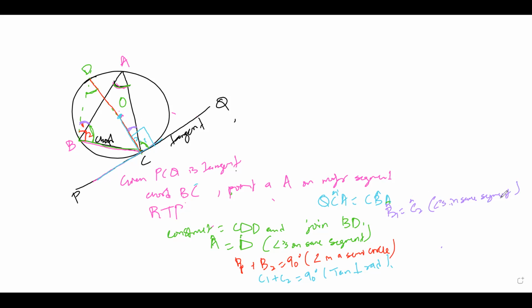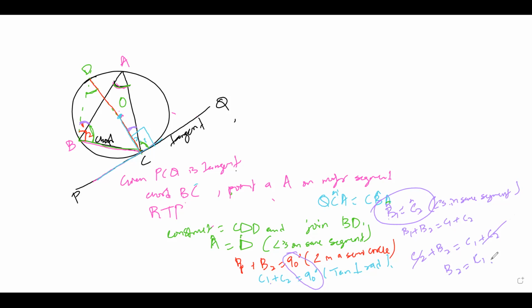So if B1 is C2 and these were 90 degrees, we can equate these two equations. B1 plus B2 is C1 plus C2 because they were equal to 90. But we said B1 is C2. So where I have B1, I put C2 plus B2 is equal to C1 plus C2. Can you see C2 is going to cancel out? I'm left with B2 is equal to C1.